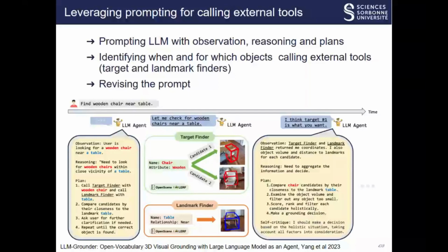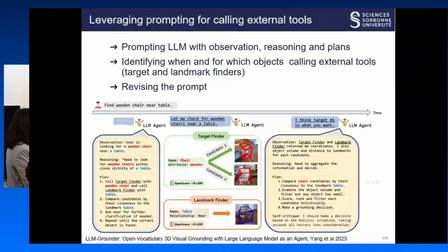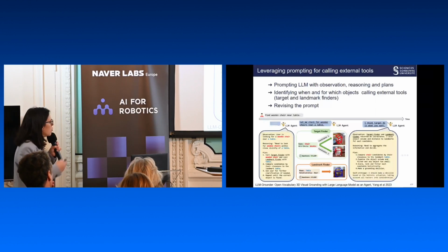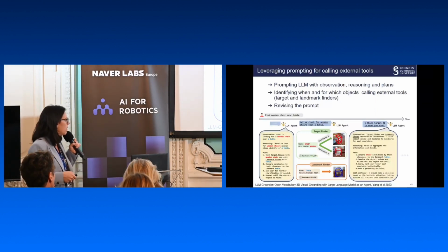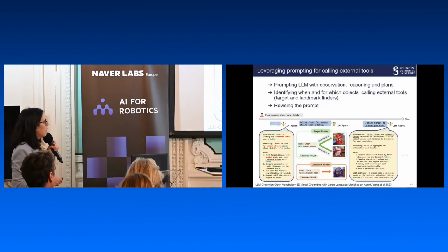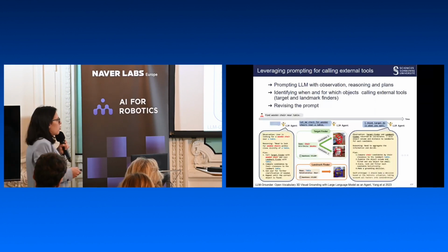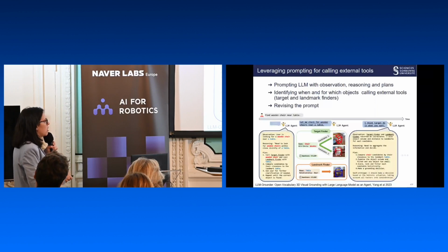So here in the plan, for instance, you have called the target finder with the wooden shelf, and then call the landmark finder with the table. So you have the property to feed to those external APIs, and then different steps. And according to the output of those tools, the prompt is rewritten by taking into account this information to have the factual information inside the plan.